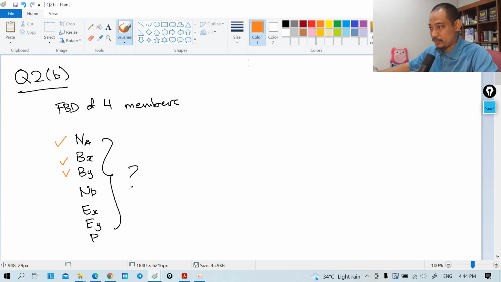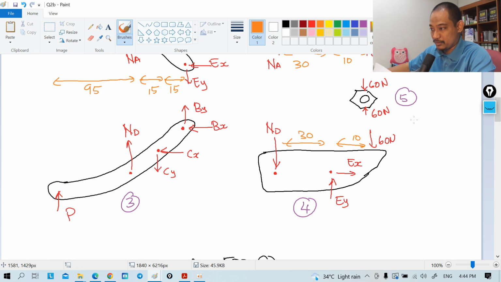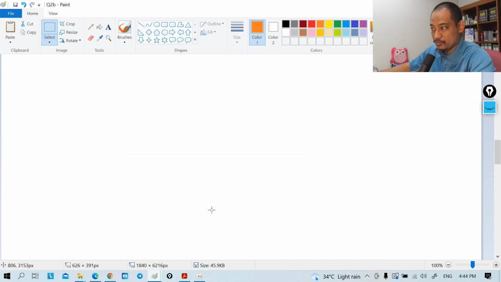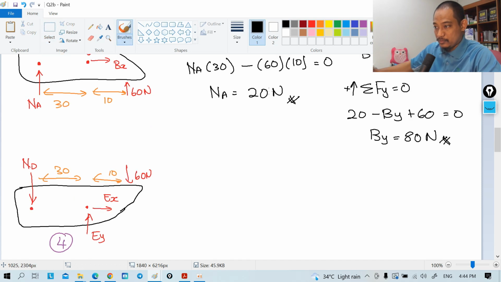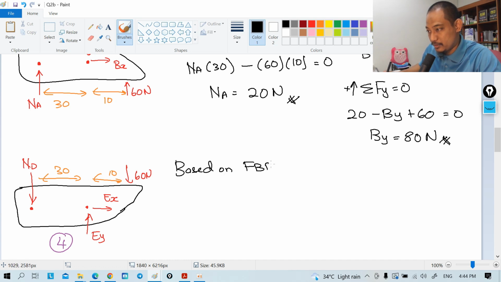Alright, so next, ND, Ex, Ey. Okay, so I think we'll focus on this one, right? Based on free body diagram 4, summation of moment about point E equal to 0. Let's take counterclockwise positive.